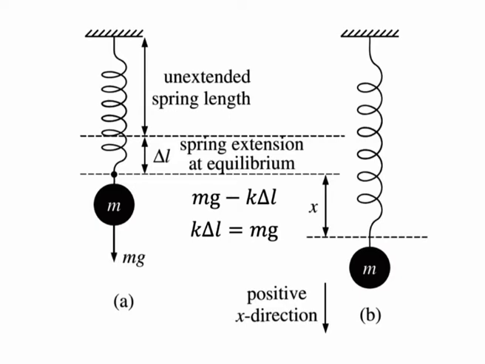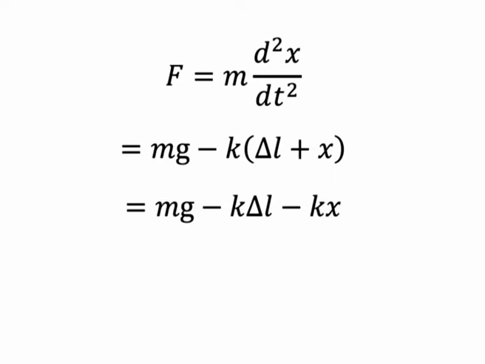When the mass is displaced downwards by an amount x, the resultant force is given by F is equal to m d²x/dt², which is equal to mg minus k into delta L plus x, which is again equal to mg minus k delta L minus kx, that is m d²x/dt² is equal to minus kx.